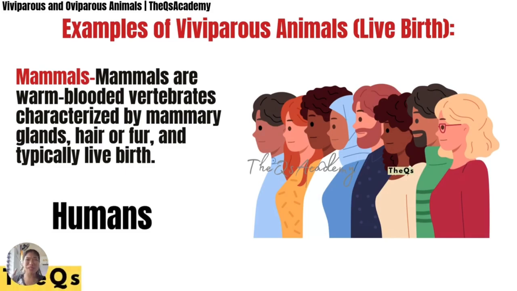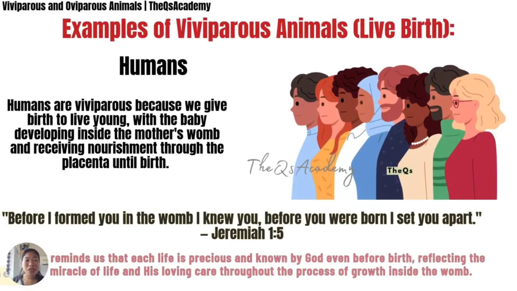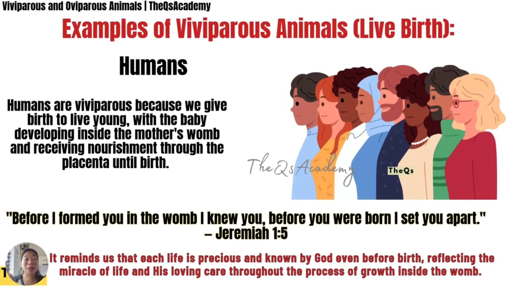Of course, the first one is mammals. Mammals are warm-blooded vertebrates characterized by mammary glands, hair or fur, and typically live birth. So the first example is humans. We human beings, right?